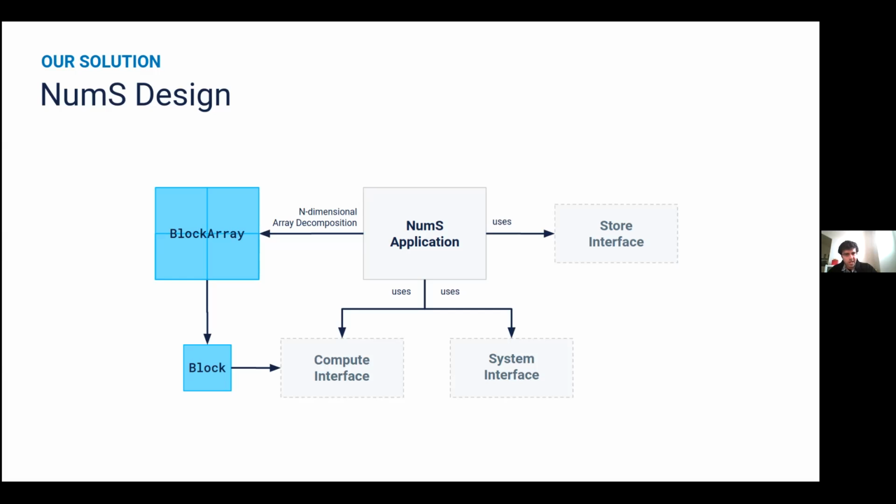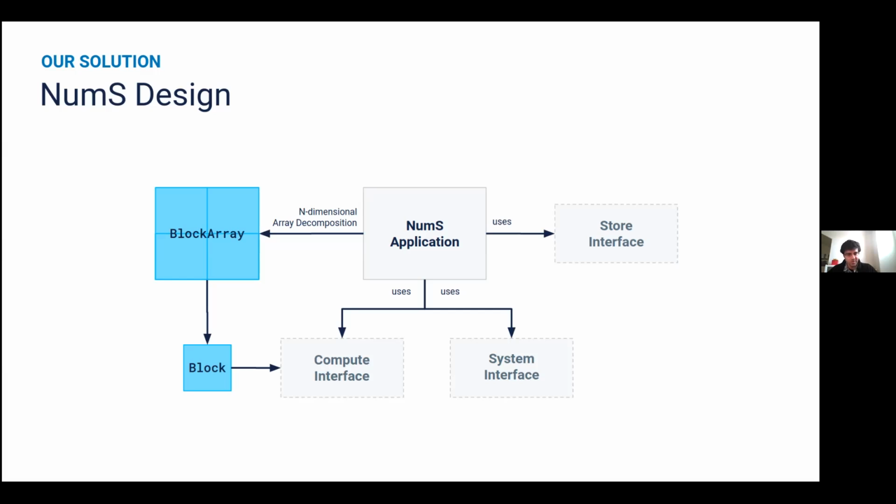So what's the design? At the core of NumS we have the actual application, which sits on top of Ray. We have block arrays that the NumS application makes use of to maintain block partitioned arrays across Ray clusters. The block arrays are comprised of blocks, and the blocks implement unary, binary, and arbitrary operations by calling into a compute interface that we define within the NumS application.